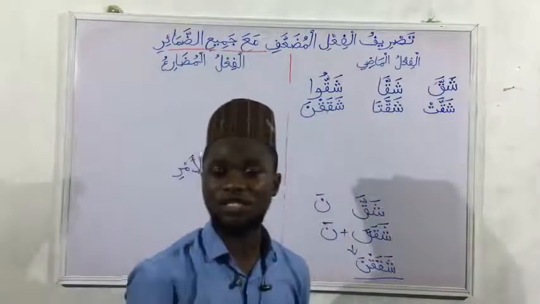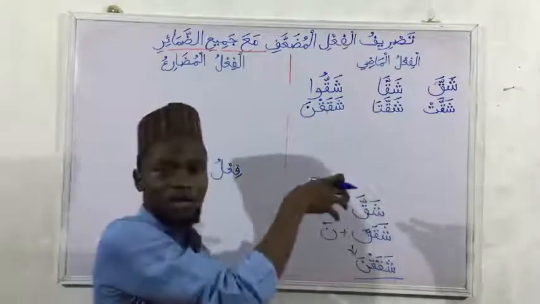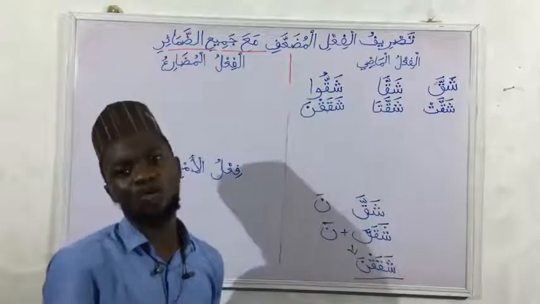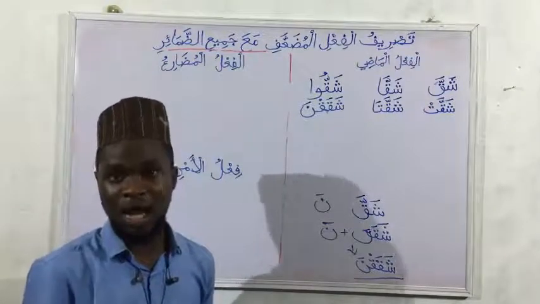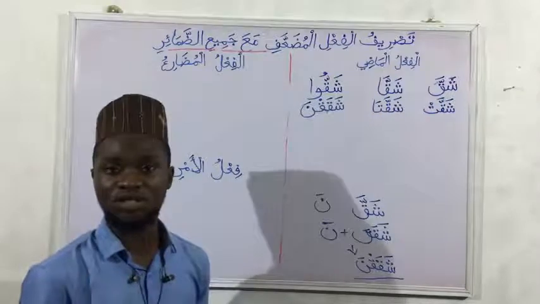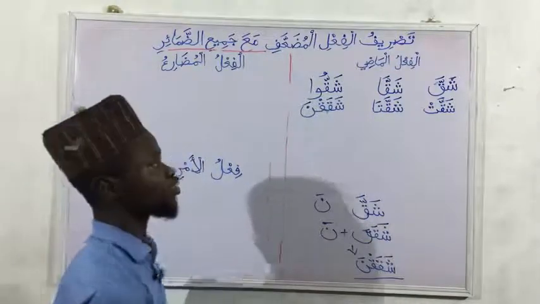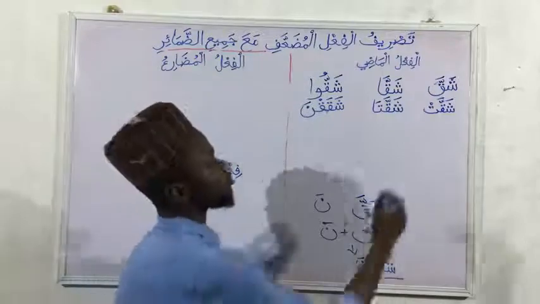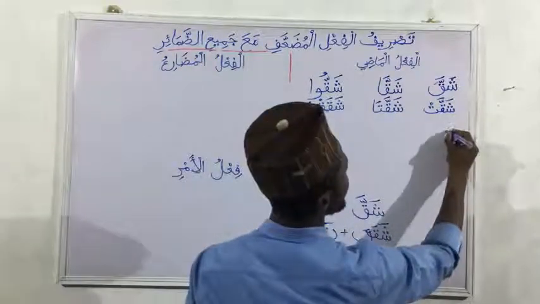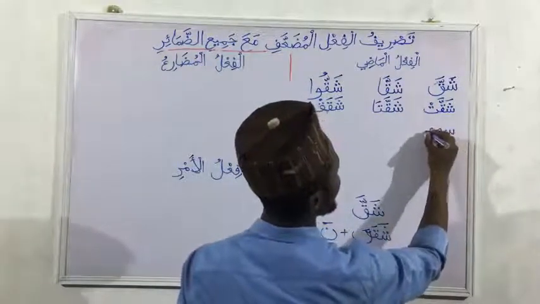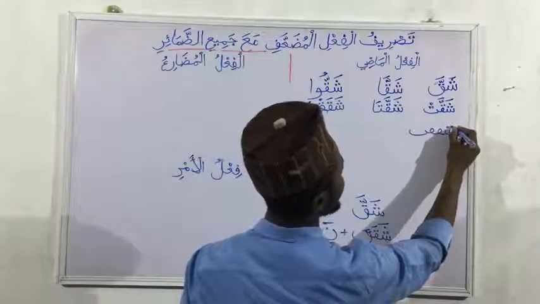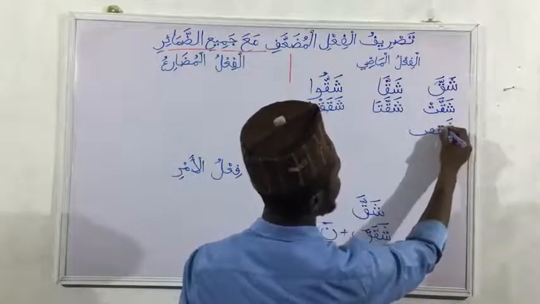That means for the second person, we are going to be having shaqaq with the addition of the pronoun we want to add, the ta' al-mutaharrika with the corresponding haraka. That is the haraka the ta' al-mutaharrika is supposed to take. So we have shaqaqtu. Shaqaqta for the first one.